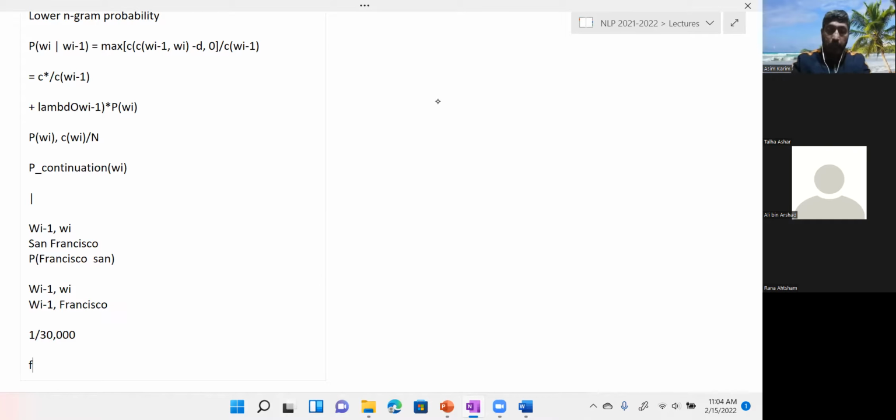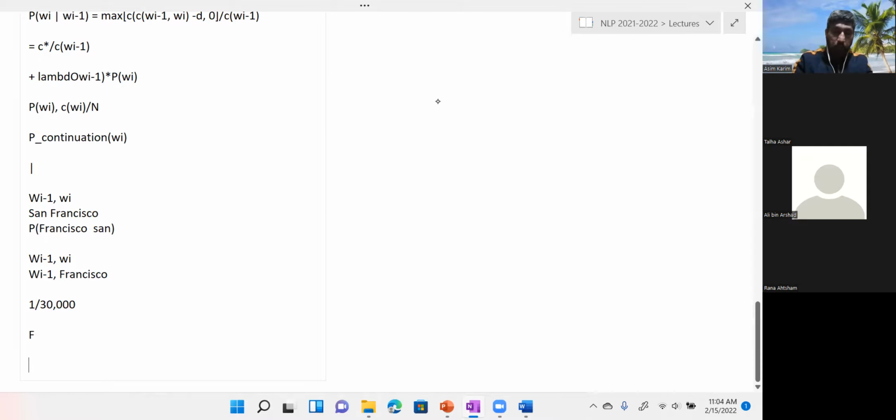So that's how we estimate this value. So bigrams containing Francisco, or let's say w_i, divided by all existing bigrams, meaning all bigrams that are non-zero. So this is the continuation probability.